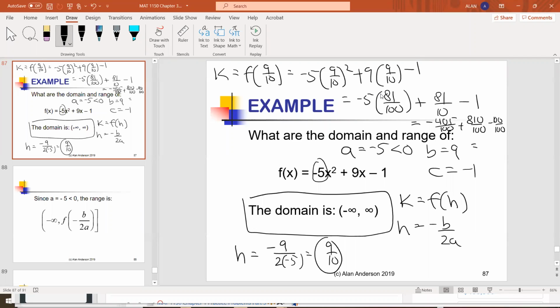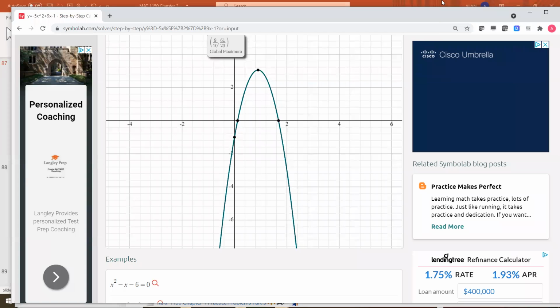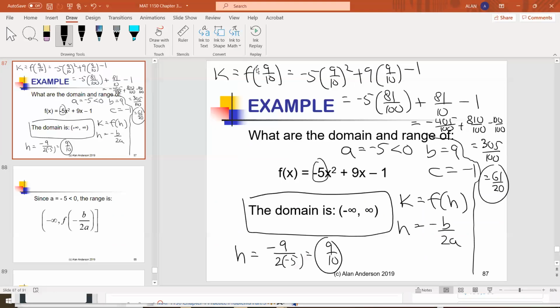So minus 405 plus 810 minus 100 is 305 over 100, which if you divide the numerator and the denominator by 5, you'll get 61 over 20. And that's what Symbolab had, right? Yeah, there it is. So we did it correctly. H is 9/10, K is 61/20.